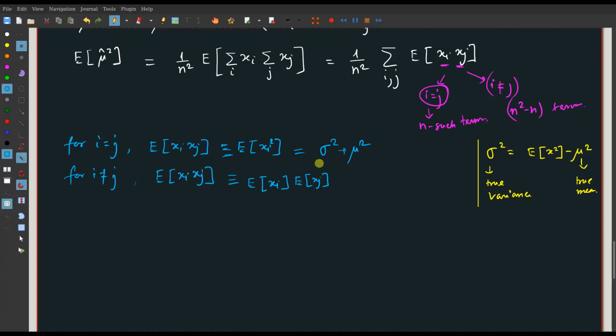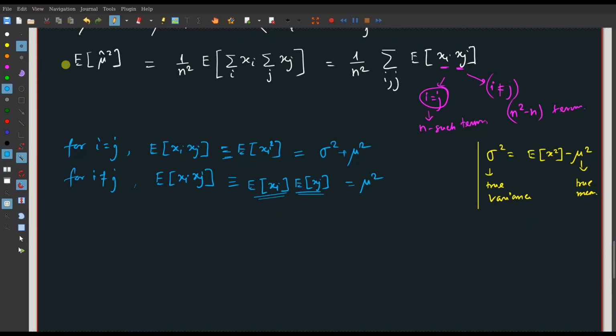This is mu and this is mu again, so together it is mu square. If I plug this in, this becomes 1 by n square.